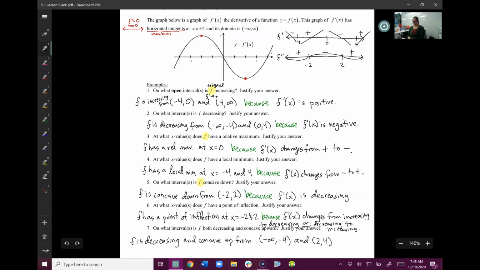And now we need to do our because, and we reference what we know. Because f prime of x is negative, that means decreasing, and concave up would be where f prime is increasing.